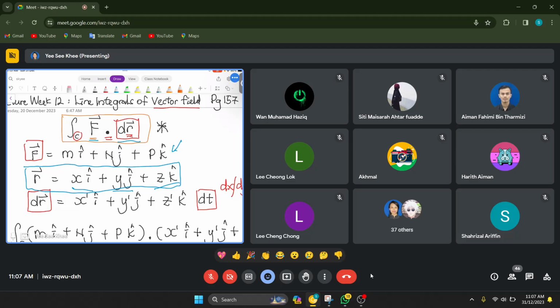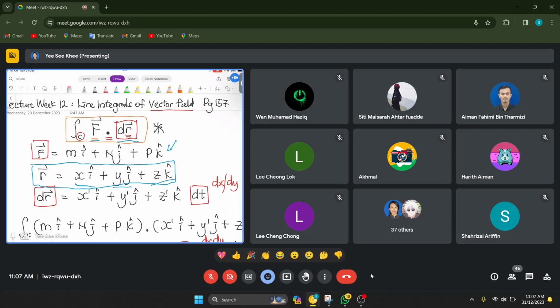Here there are some things you need to understand about the dr, which is always valid for all line integrals. r is always equal to xi plus yj plus zk. When you perform the dr, you will get this thing.